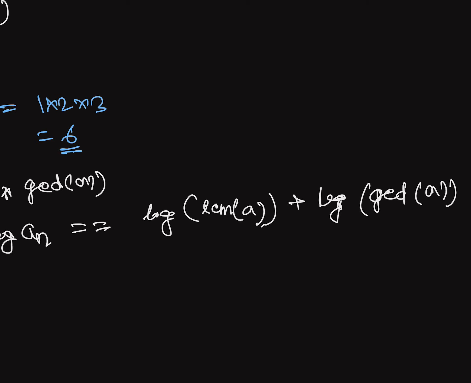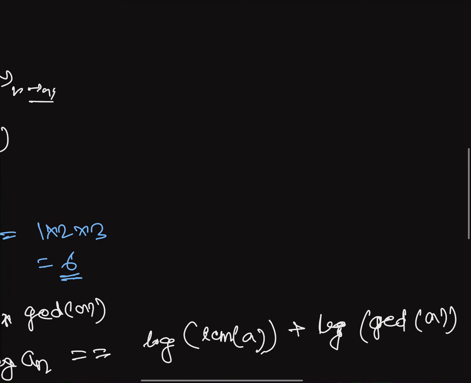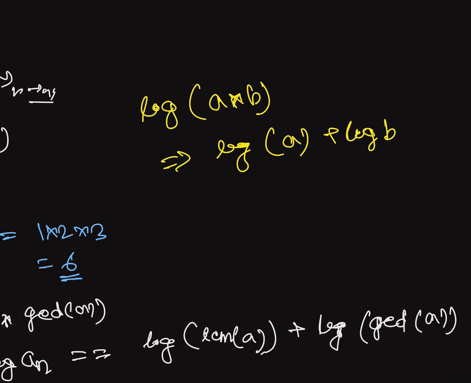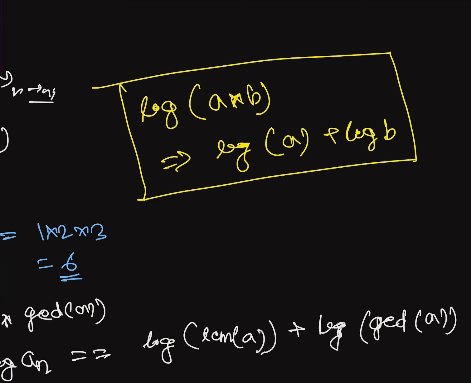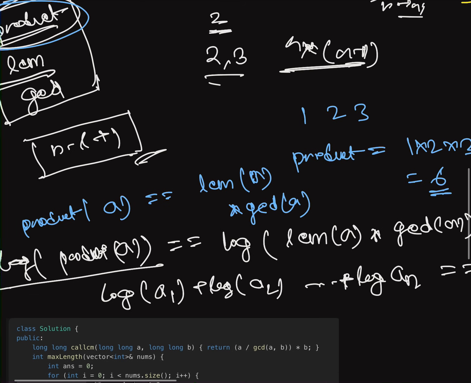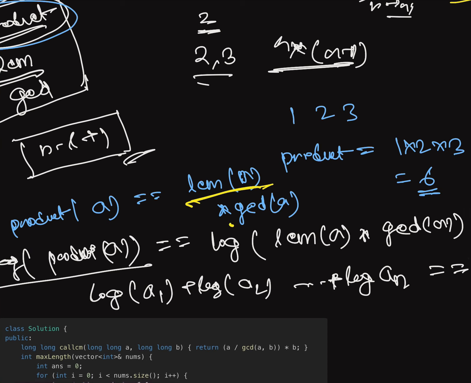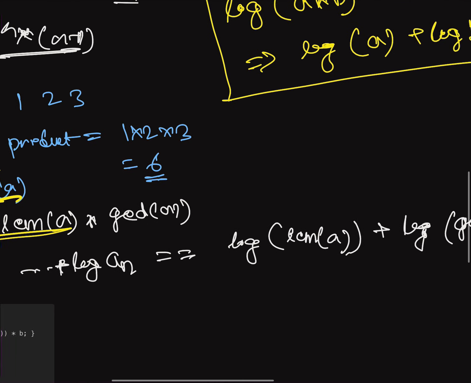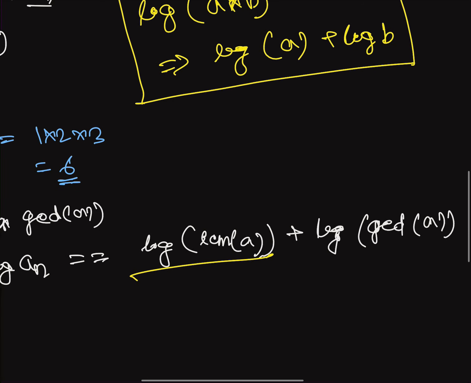We can write this because of the log property: log of A into B can be written as log of A plus log of B. Correct? This property is used here because we have two factors, the LCM of the array and the GCD of array A. So if I take the log of this, we can write it as log of the LCM plus log of the GCD.